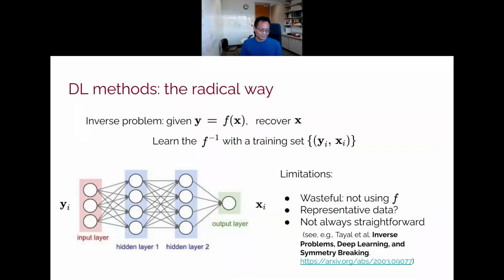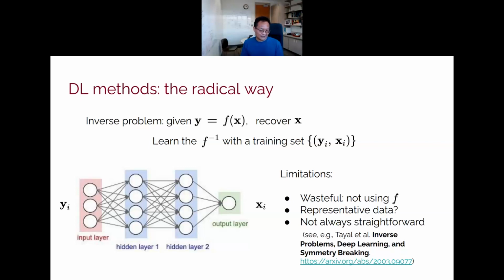Another major problem is, how do you make sure you can collect a large scale data set, and how do you make sure it's sufficiently representative of your data distribution? For a simple problem like a linear inverse problem, this probably is not a big concern, because the forward process is linear, and it's probably still reasonable that you can simulate some data, right?